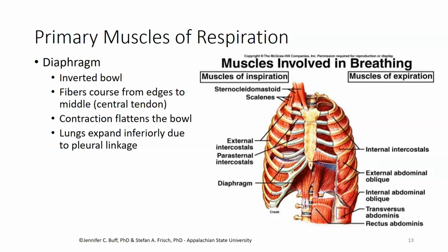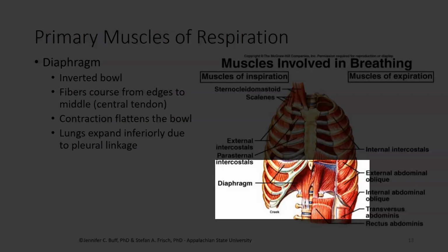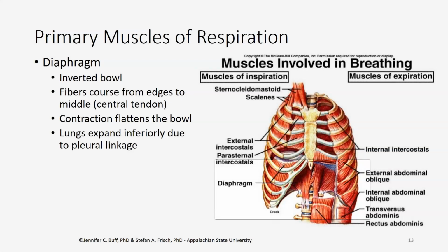The primary muscles of respiration are the ones that play a direct role in moving the structures around the lungs and causing changes in lung size. The diaphragm is one such muscle that is in an inverted upside-down bowl shape at the base of the lungs.